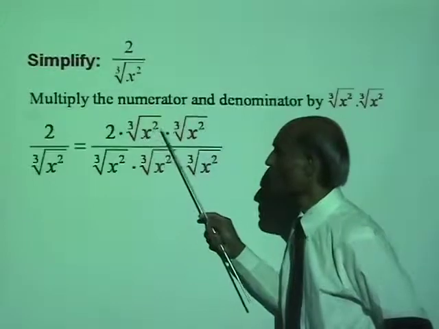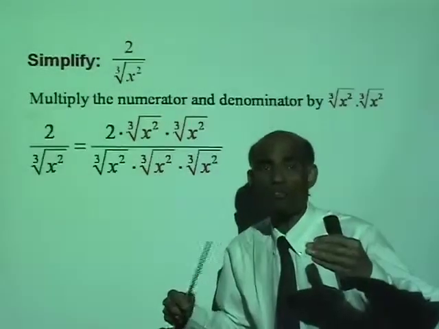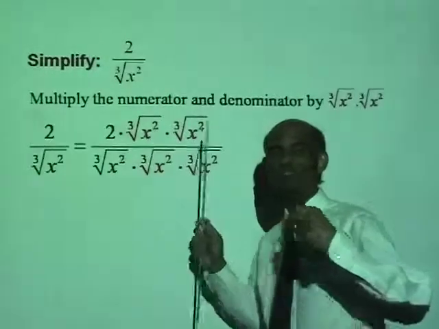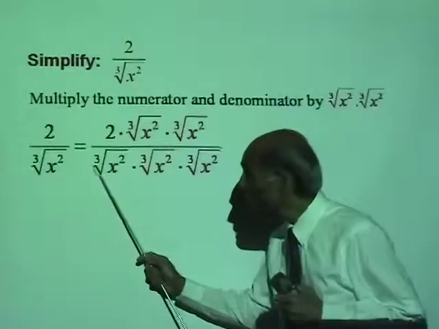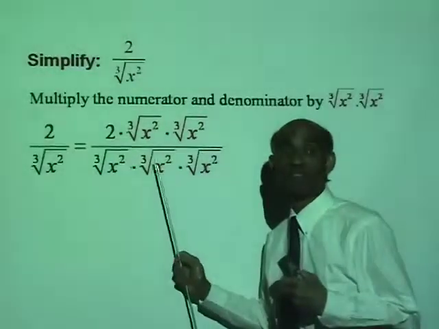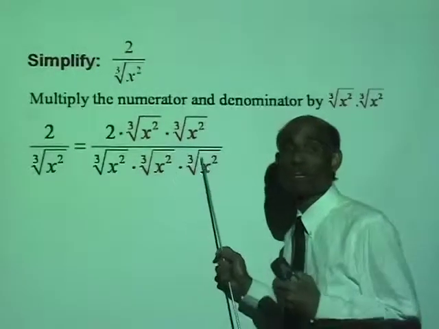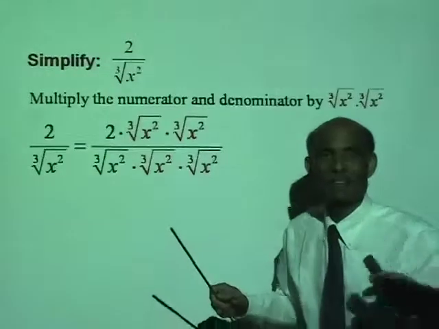Cube root x squared times cube root x squared is cube root of x squared times x squared. What is x squared times x squared? X to the 4. And what is the denominator? Cube root x squared times cube root x squared times cube root x squared is x squared.